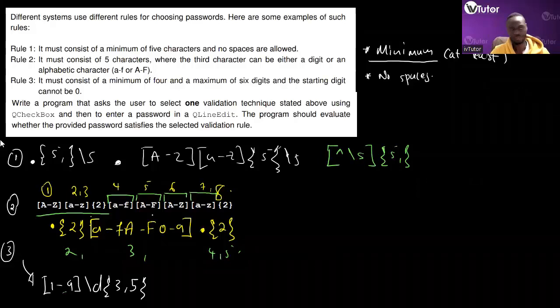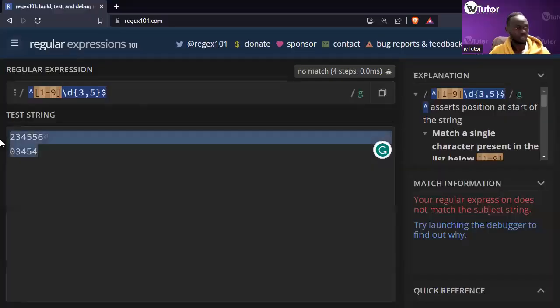Give it 5 characters with a space. Give it 6 characters, no space. Give it 4 characters. Just write that input down in your RegEx 101 thingy, and then provide a regular expression and check if the stuff that should not match is not matching and the stuff that should match is matching.